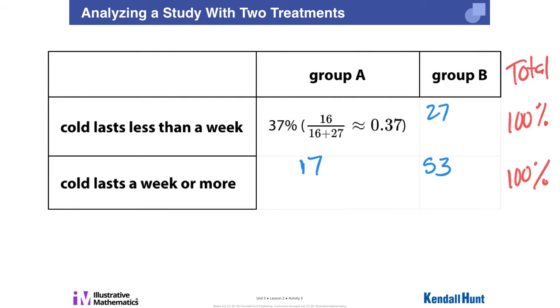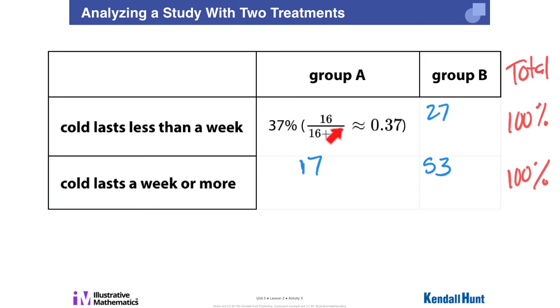So in this table, we're going to make our relative frequencies, our percentages, calculated in a different way. So I wrote this over here on the right, the total of 100% at the end of each row, which means that I'm looking at, of the people whose cold lasts less than a week, right here, what percentage of them were in Group A and what percentage of them were in Group B. So to calculate that, we have 16 in this group.